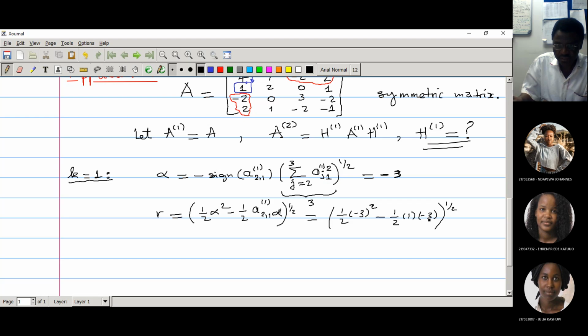And this is positive with this negative. Negative, negative, positive. So that will be 9 plus 3, over 2, which is 12 by 2. It is 6, and the square root of 6, right? All right, good. So that is it for this point.